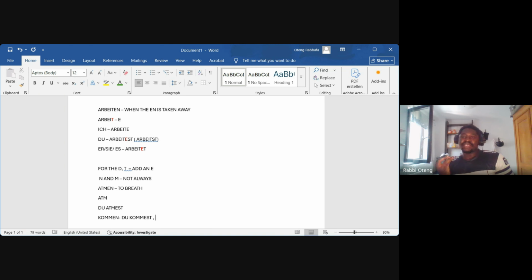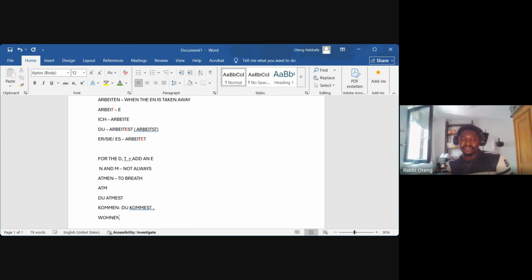It will be difficult because once the language is new to you, you wouldn't know which stems are difficult or easier to pronounce, because you've just seen a verb and you are learning. For N and M, learn them by heart. Another common example is wohnen, to stay.